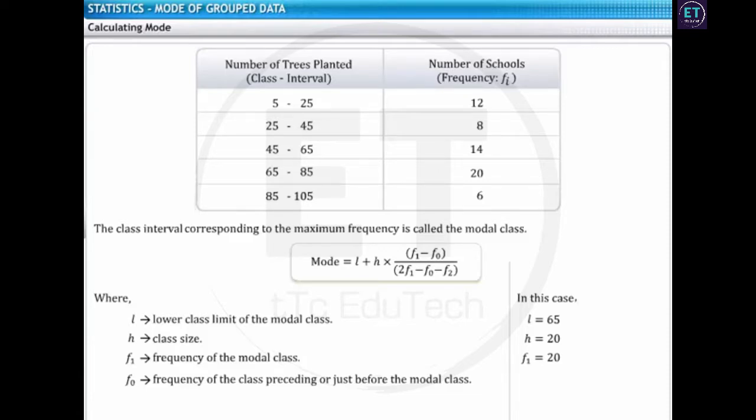In this case, the class preceding the modal class is 45 to 65 and its frequency F0 is 14. Finally, F2 stands for the frequency of the class succeeding, or just after, the modal class. In this case, the class after the modal class is 85 to 105 and its frequency F2 is 6.